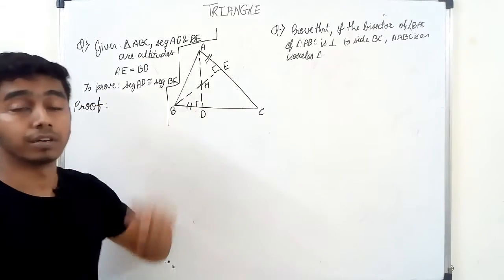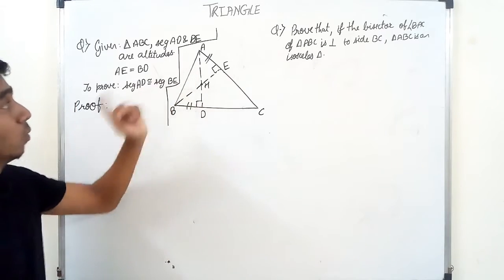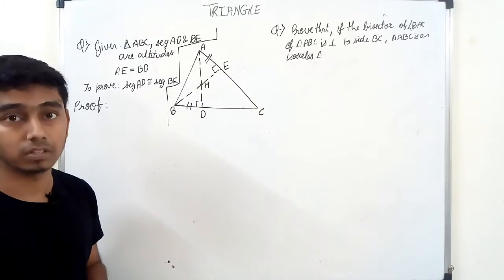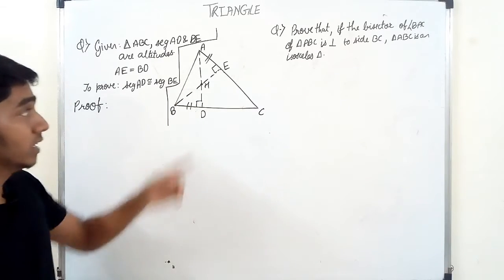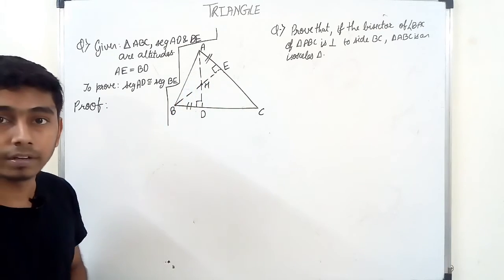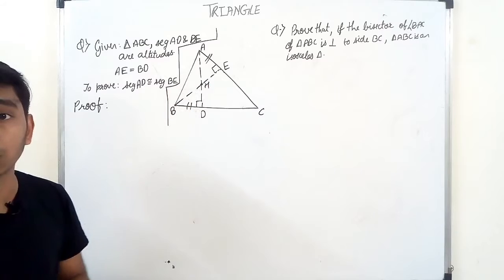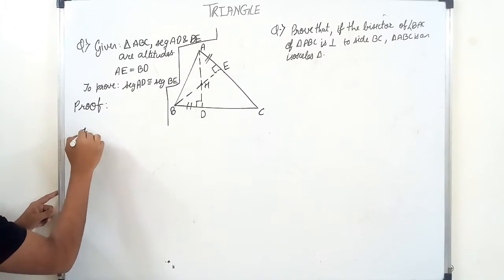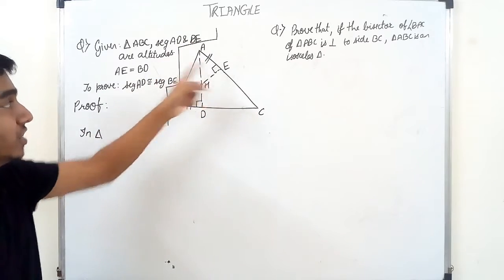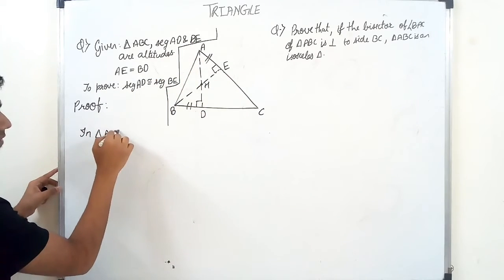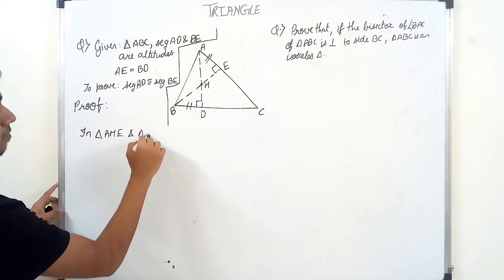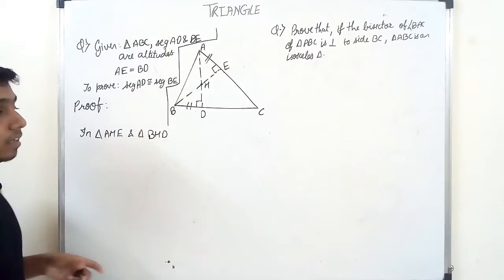Okay, so what are we supposed to prove? That AD and BE should be congruent, right? So let's take these two triangles, prove them to be congruent, and then let's see what is to be done. So in triangle AHE and triangle BHD, correct?